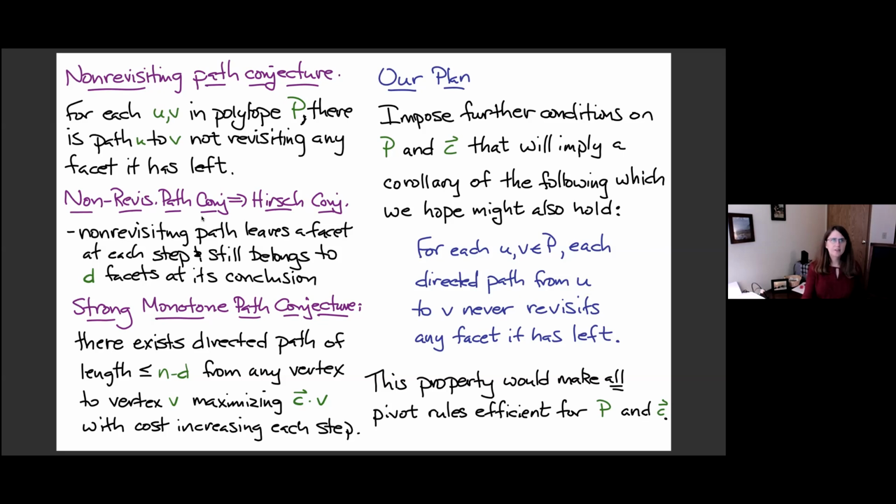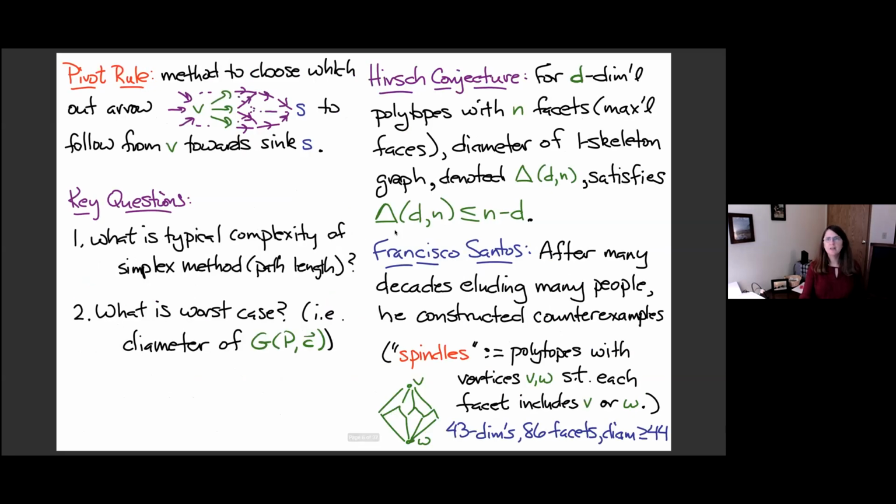Let's go back to our Hersh conjecture, this diameter bound. So if we have n facets and d is our dimension, then every vertex has to have at least d facets adjacent to it. Because it's d-dimensional, the first vertex has d facets adjacent to it, and the last also does.